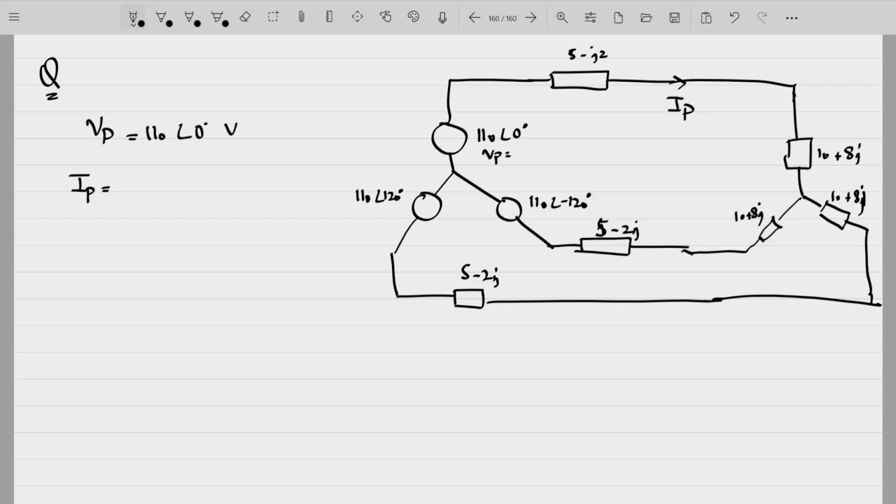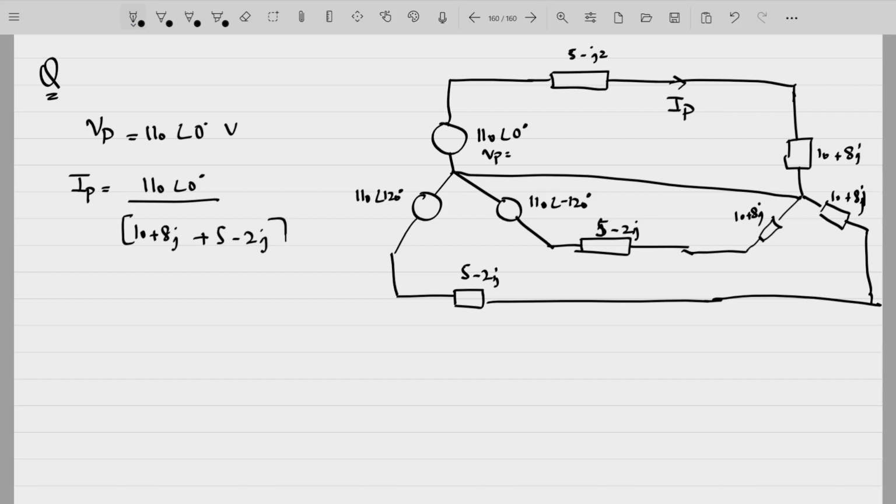In order to calculate the current, in this case, this is a star-star connection, so phase current and line current will be the same. So we want to find out the value of IP. IP will simply be equal to 110 angle 0 degrees divided by the total impedance, that is 10 plus 8j plus 5 minus 2j. These impedances are in series, so you can simply add them up.